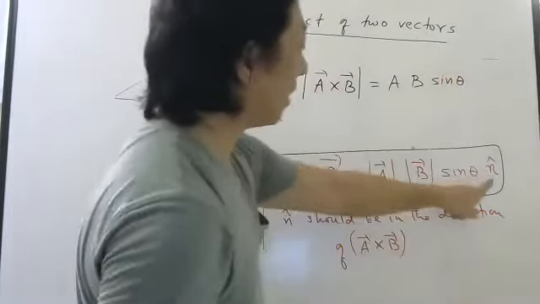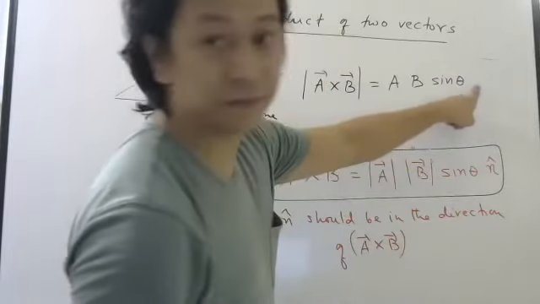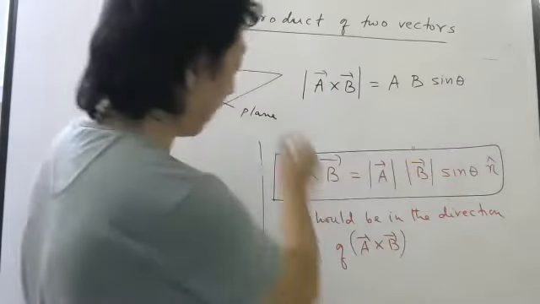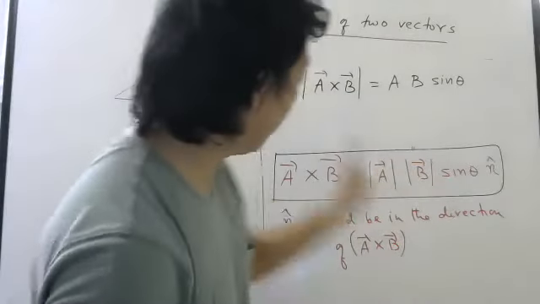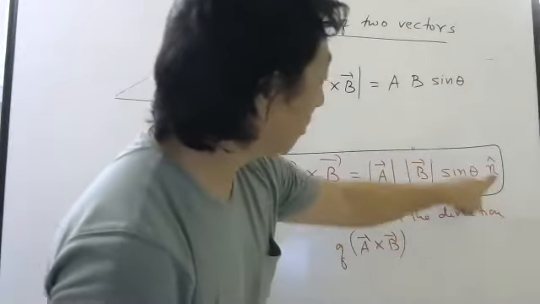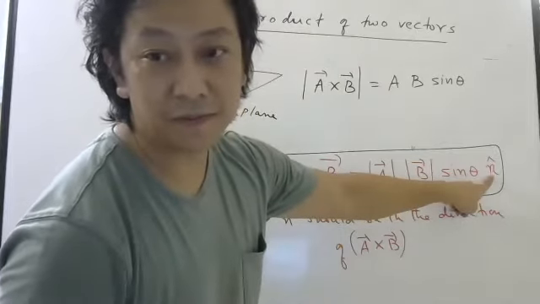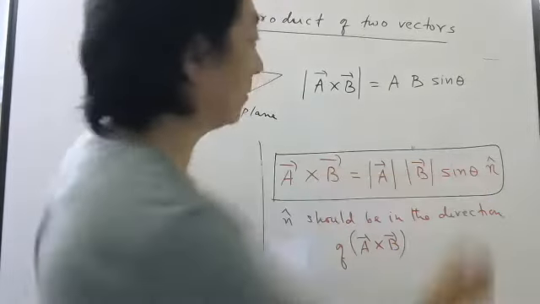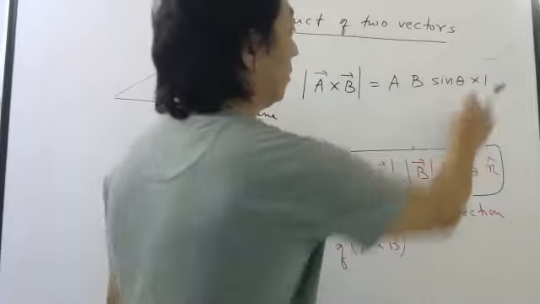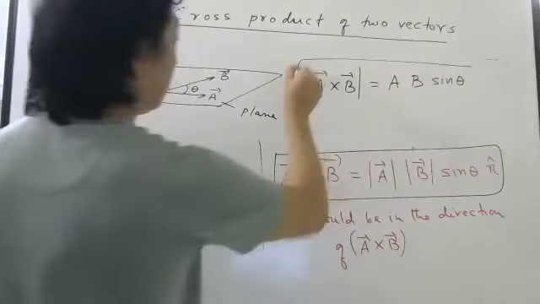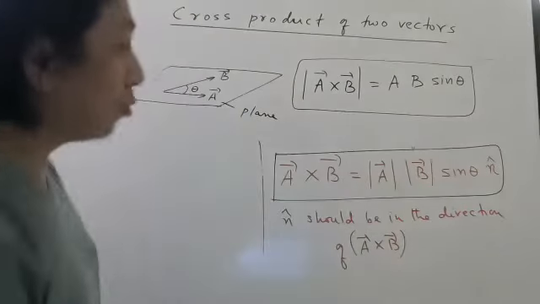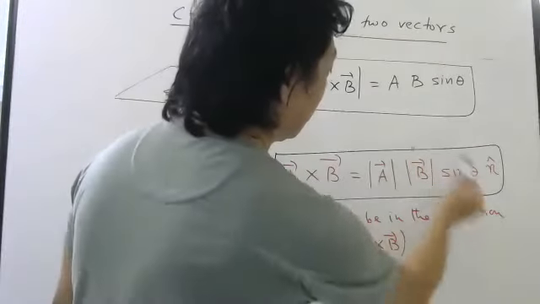And for n cap, the magnitude is simply 1. So this is the magnitude. If you want only the magnitude, this is the answer. Okay, students?